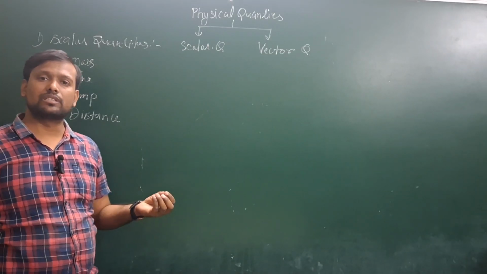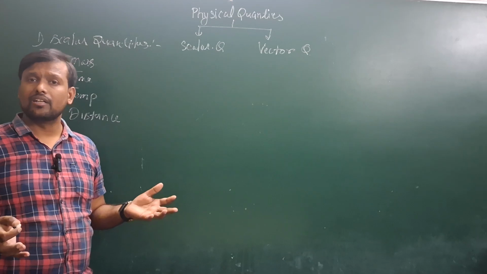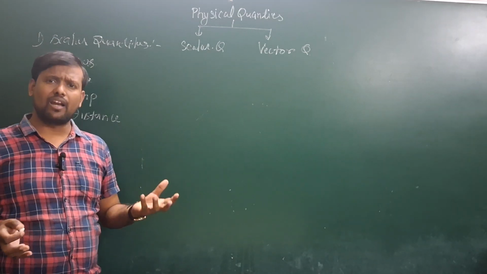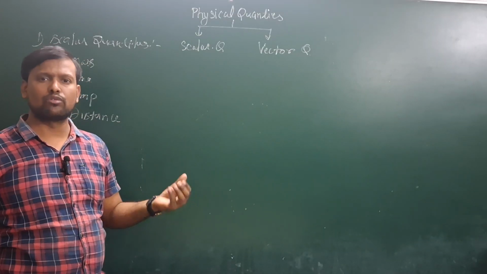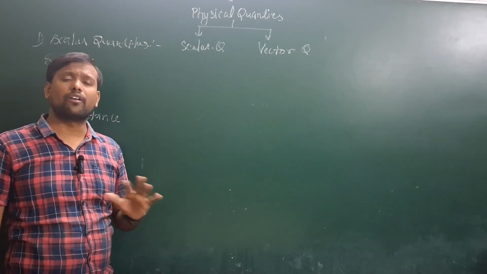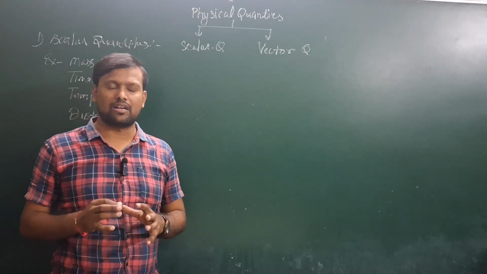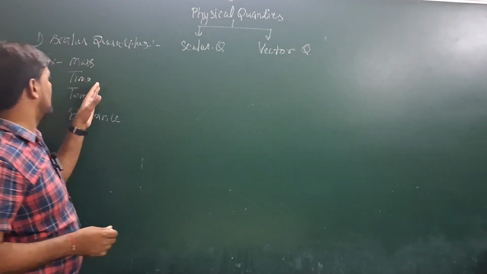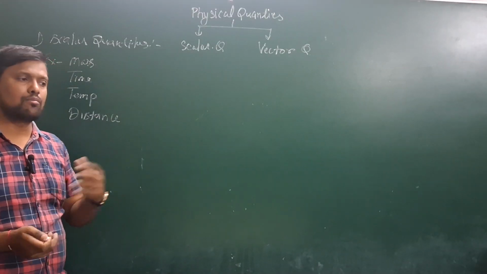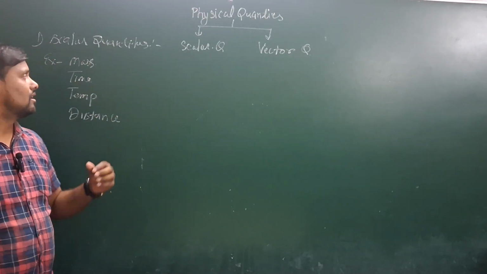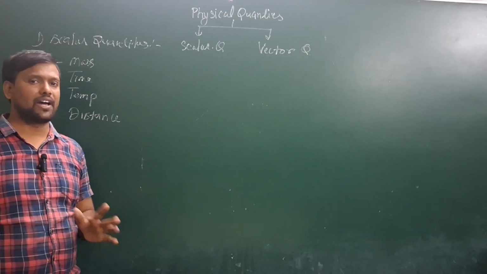If we want to buy some potatoes from the market, we will tell the shopkeeper to give us 5 kgs of potatoes or 2 kgs of potatoes, and there is no requirement of direction to tell any physical quantity like mass. Similarly, if you want to know the time and somebody tells you it's 10 o'clock, there is no requirement of direction.